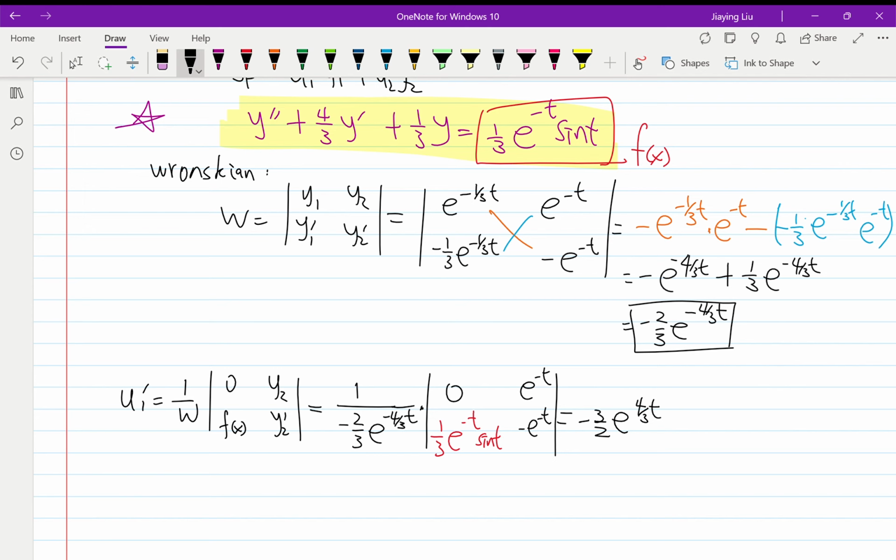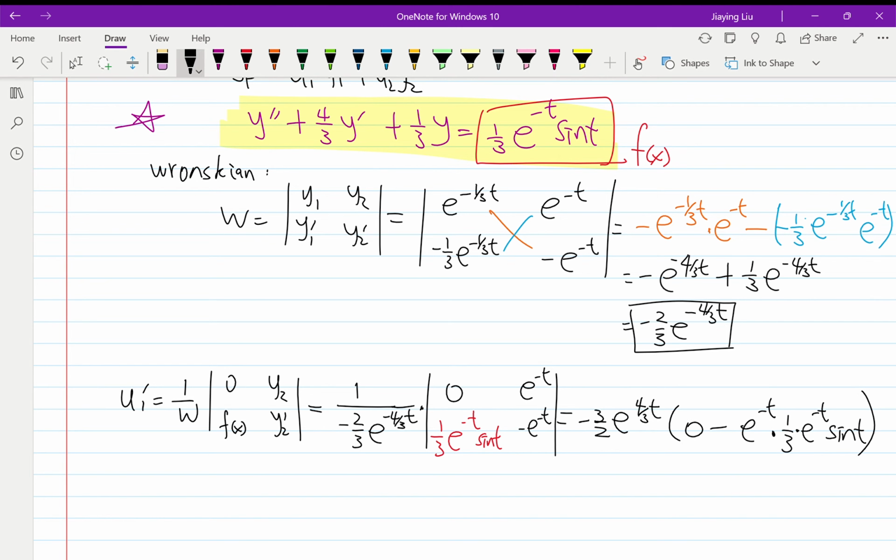And from here we have to calculate the determinant. So that's a 0 times this, that's a 0, right? And then minus this diagonal. So 0 minus e to the negative t times 1 over 3 times e to the negative t sine t.